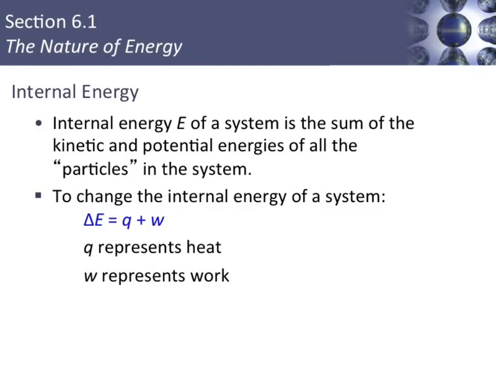So Q is our heat, and the change in energy is going to be Q plus W, our heat plus our work. I don't think that equation is on your sheet, so I would make sure you know what delta E, the internal energy, is.